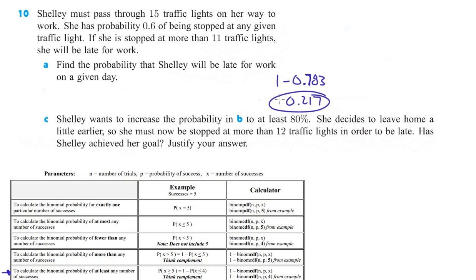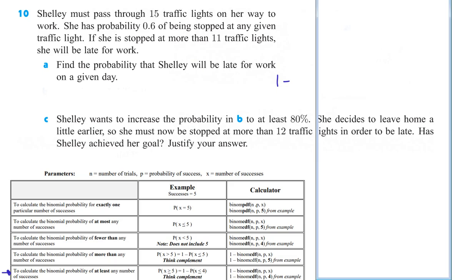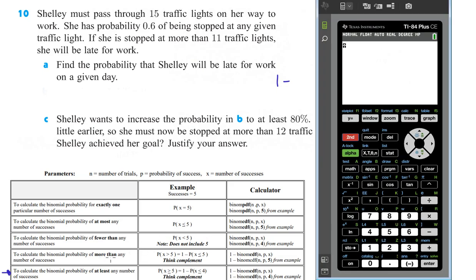I just realized I made one little mistake in here, which is going to mess everything up, so let's fix that. It has to be stopped at more than 11 traffic lights, so that's more than this here, more than 5.